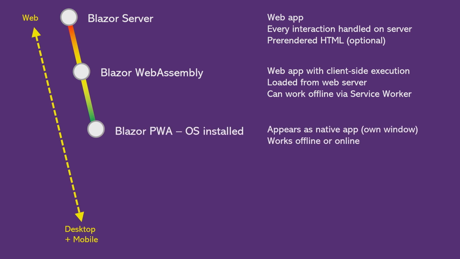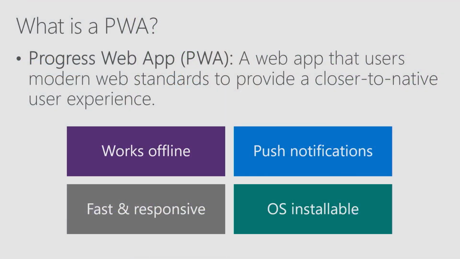Now, we can use some of the more modern web standards in our Blazor WebAssembly app to make it even more native-like. And apps like this are typically called progressive web apps, or PWAs. What is a PWA? Well, a PWA is just a web app, but it uses modern web standards to enable things like offline support.